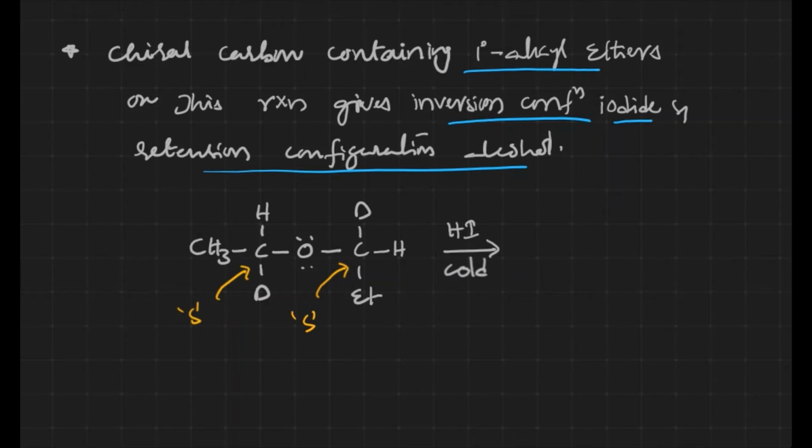Now we have 2 groups over there. Which is going to be iodide and which is going to be alcohol? Let us see here. Iodide will go to the carbon which has fewer carbons or bulky branches. This is the primary one, which readily undergoes SN2 reaction. In SN2 reaction, iodine goes to the one with fewer branches or the smaller size.